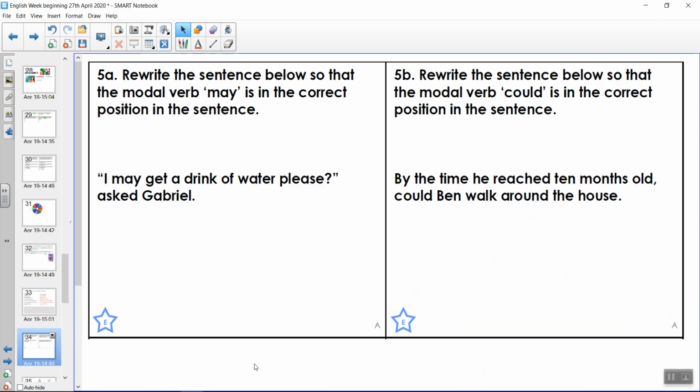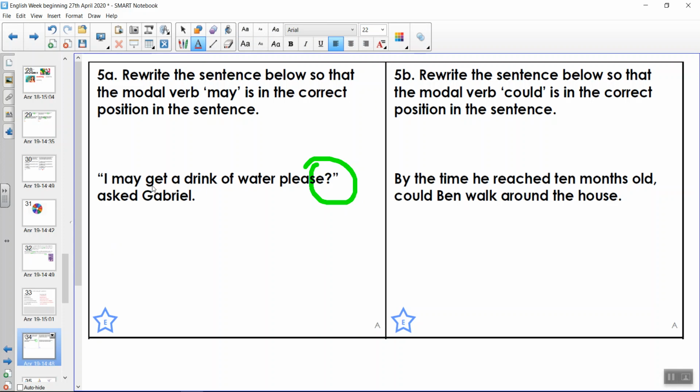Pause the video and have a look at these. It says, rewrite the sentence below so that the modal verb may is in the correct position in the sentence. Now, I can see a question mark here, so I think my may should go to the beginning of the sentence. Let's say it out loud first to see if it makes sense.